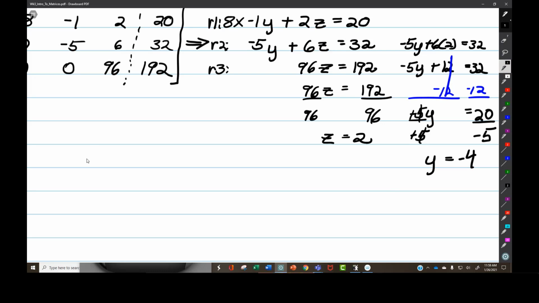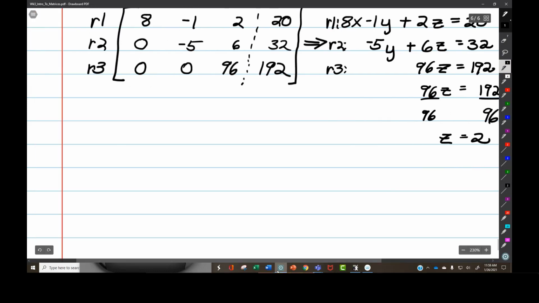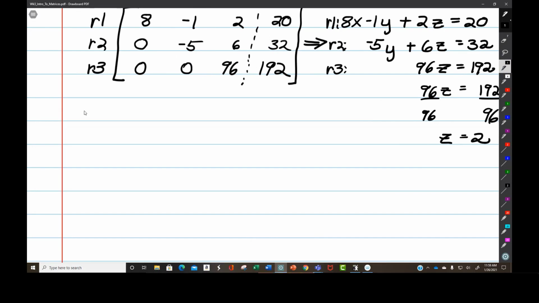Now, row 1. We're going to have 8x minus 1y plus 2z equals 20.